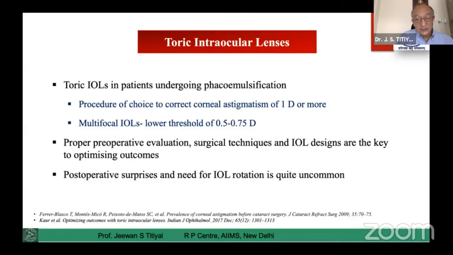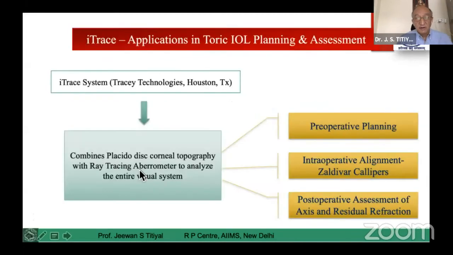Interestingly and fortunately, post-op surprises after toric IOL implantation are not that common. Therefore, the results have been quite encouraging, and many people know that toric IOLs are the lens for correcting corneal astigmatism for all patients undergoing cataract surgery.